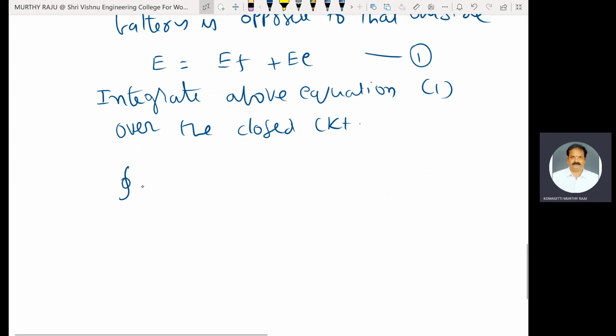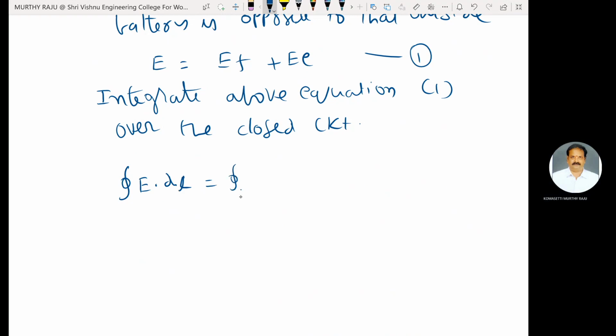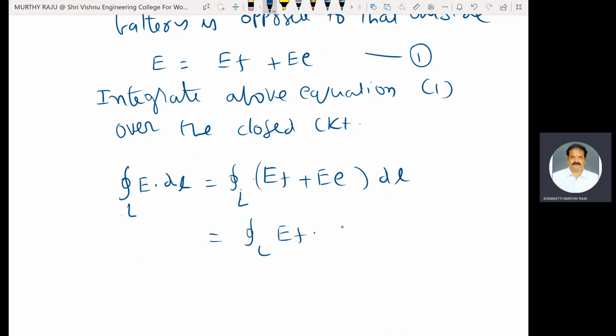Consider this length: the integral of E dot dl is equal to the integral of (EF plus EE) dot dl, which is the integral of EF dot dl plus the integral of EE dot dl.